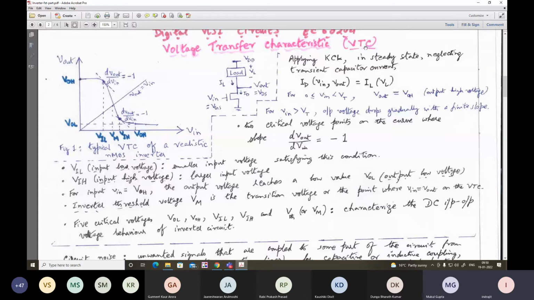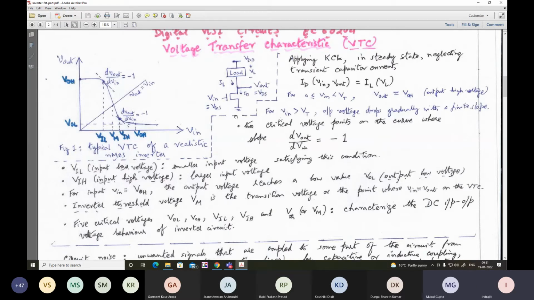Apart from that, you will also have to estimate the switching threshold voltage. Why switching threshold voltage becomes important is that the inverter mostly works on a single variable. For different ranges of applications, it may be necessary to apply the inverter for a voltage range which is more on the higher side.